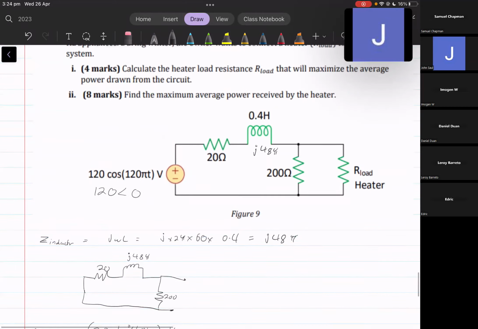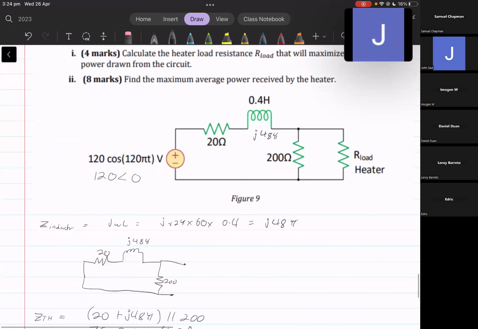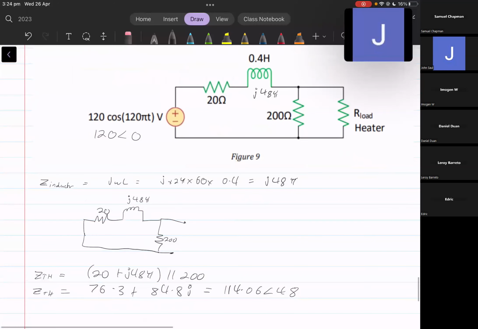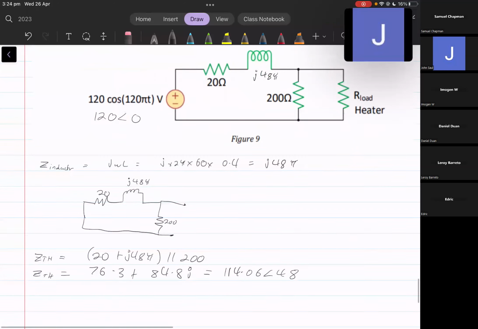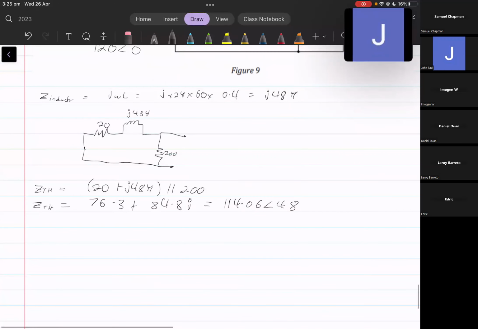Yeah, if you got that, that would be good. Awesome. So what do we think our load should be now? Which is actually just going to be the same as what is before in the phasor.